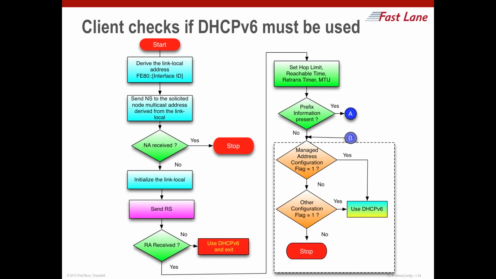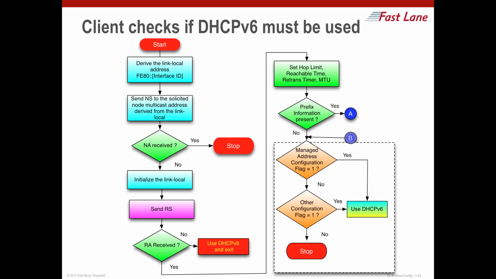The final check from the router advertisement is to check if we must use the DHCPv6 server or not. If the managed address configuration flag is set, then we use DHCPv6 to configure everything else in addition to what has already been configured, which means addresses, servers, domain name, whatever. But we can also use DHCPv6 for everything but address.